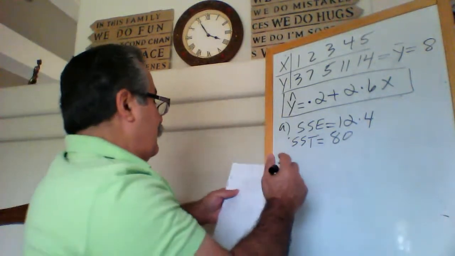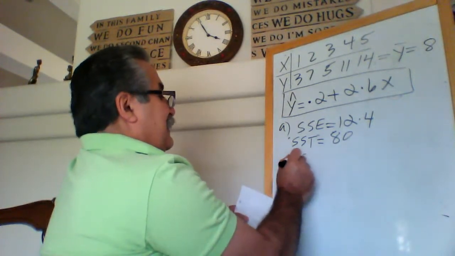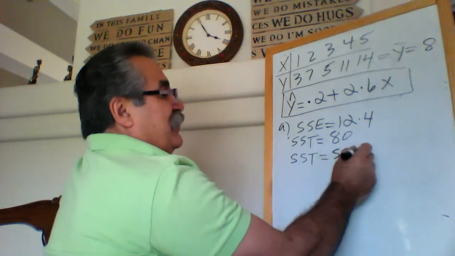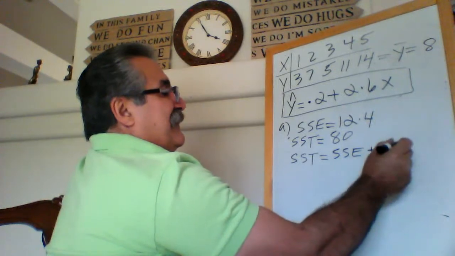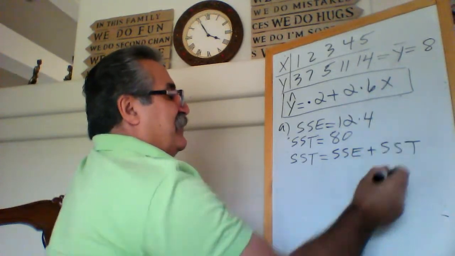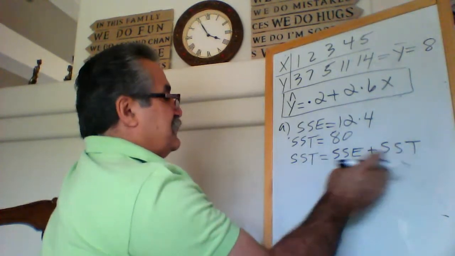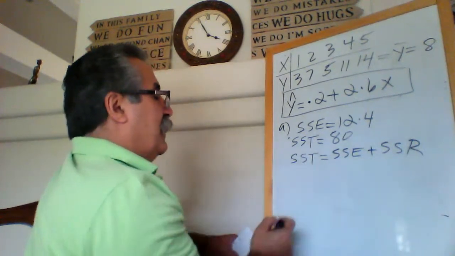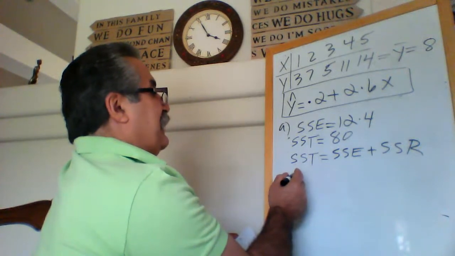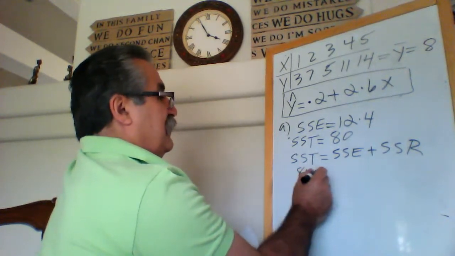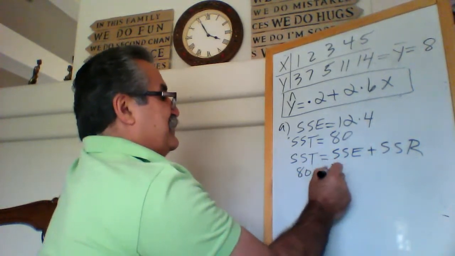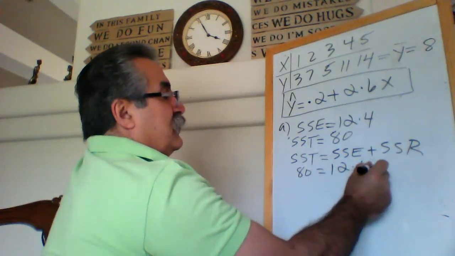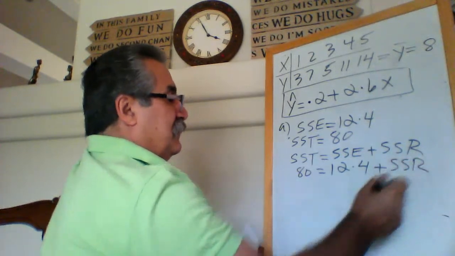And then we have the formula. SST is equal to SSE plus, I'm sorry, SSR. So SST is 80, SSE is 12.4, plus SSR.